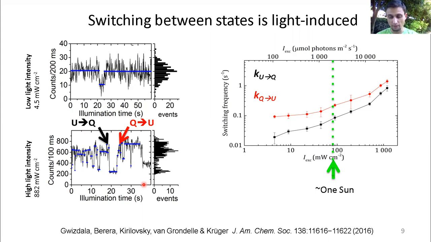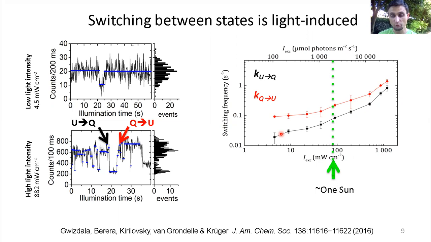We define an intensity decrease as a switch from an unquenched to a quenched state, and an intensity increase we define as a switch from a quenched state to an unquenched state. Now, plotting the switching frequency as a function of excitation intensity, we notice that the frequency of both switches increases, meaning they're both light-induced.